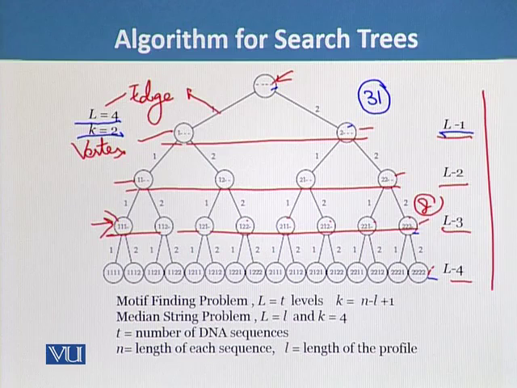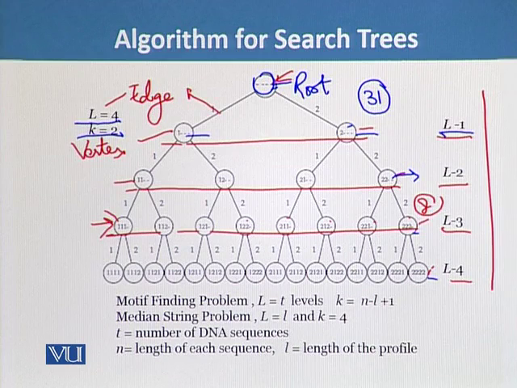So we can also say that in this tree with L levels and k children per vertex, every level has a different number of vertices. And the first one is generally called the root of the tree.